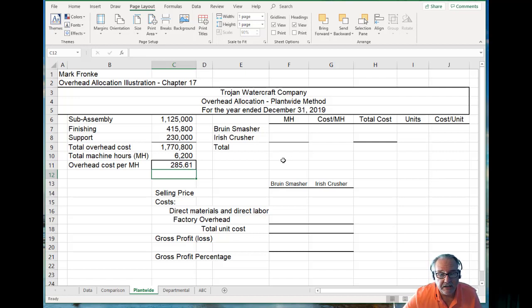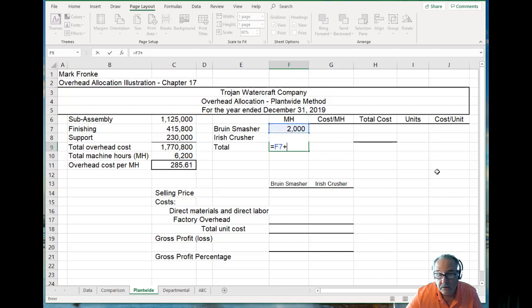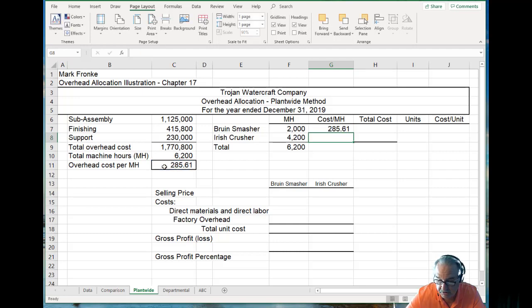So now what we've got here is $285.61 per machine hour. And we can put in, for our 2 products, the Bruin Smasher and the Irish Crusher, so there's 2,000 machine hours to make the Bruin Smasher, and there's 4,200 hours to make the Irish Crusher.